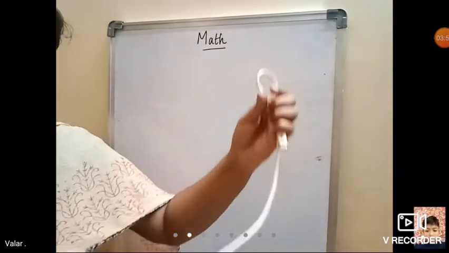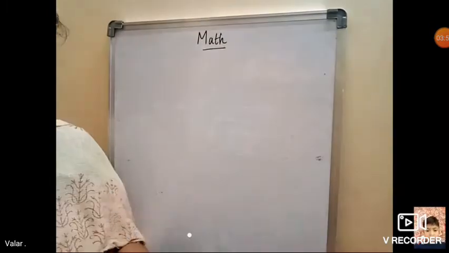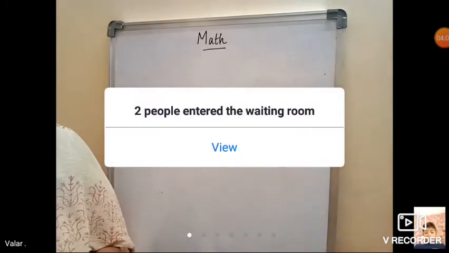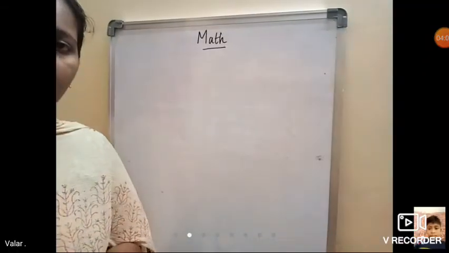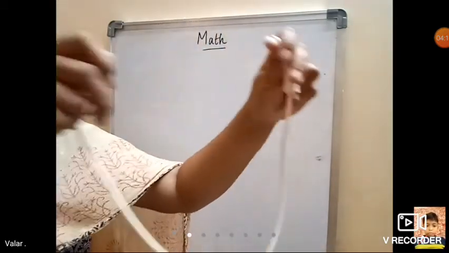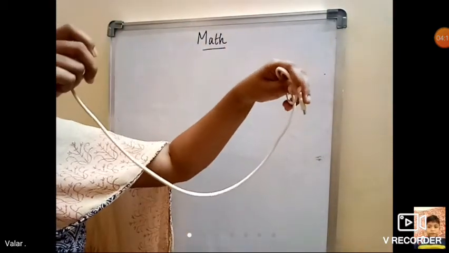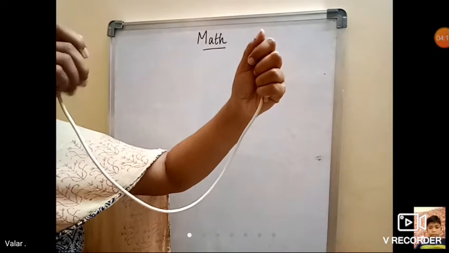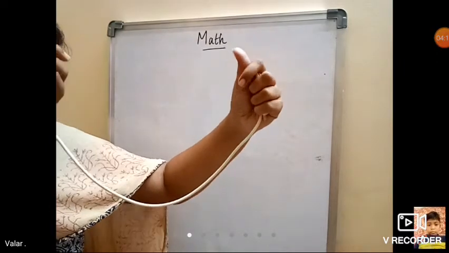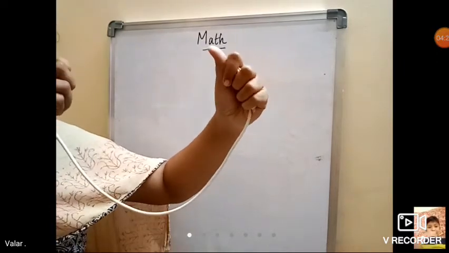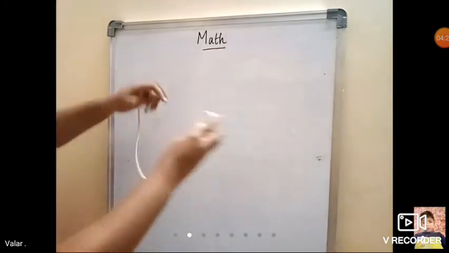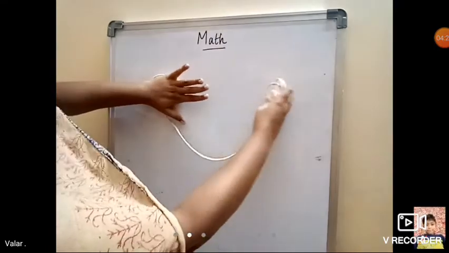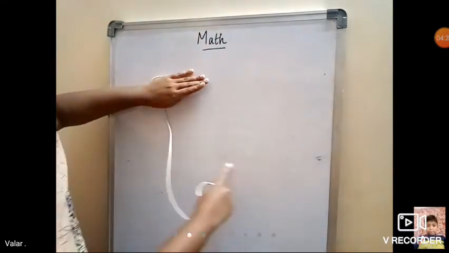Now just listen. Listen here. Can you see a shape? How is the wire now? This is called a curved line. You can see the line is like this, right?